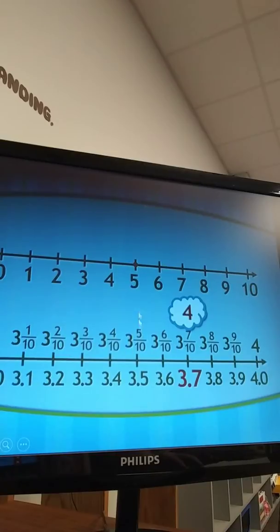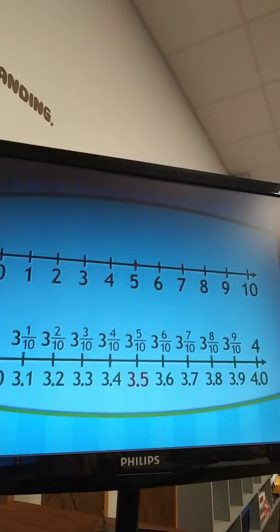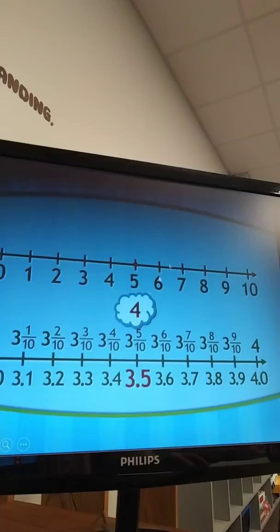Halfway is right here, right in the middle. 5 is half of 10. 3.5, remember, if it's right smack dab in the middle, we always round up.